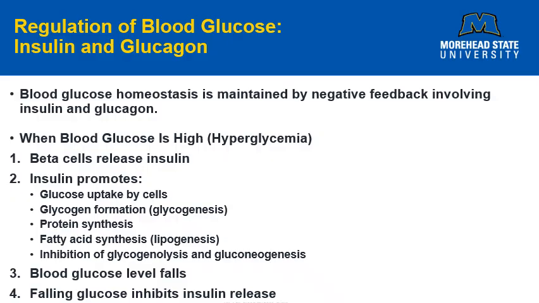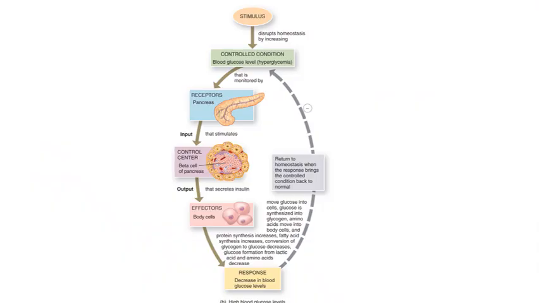All right, because the whole goal is to level out the glucose within circulation. So eventually it would lead to a fall in glucose levels. And when it did lead to that fall, glucose went back, and insulin is then inhibited from release. As you can see here, again, I have hyperglycemia. It's monitored by the pancreas.